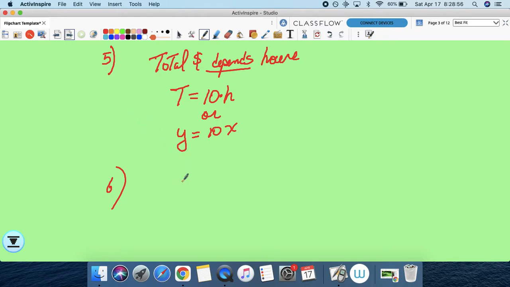So here, when you go to the movies, again, the total that you spend at the movies depends on what? Depends on the movie, right? The entrance, and the snacks, the chips, the coffee, the popcorn, the soda that you buy.